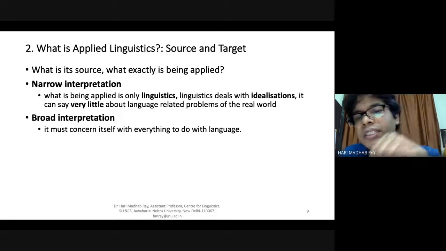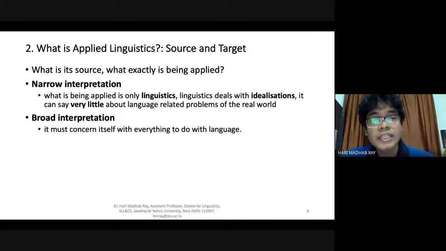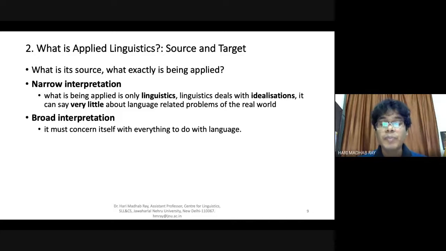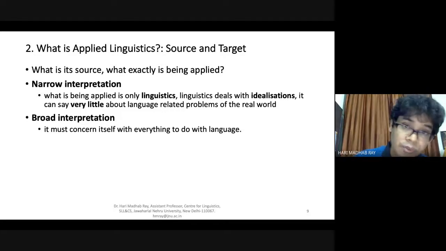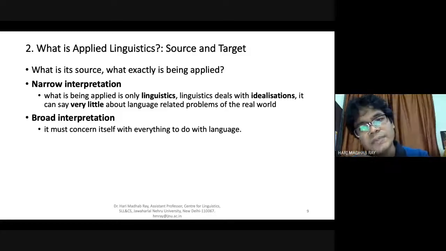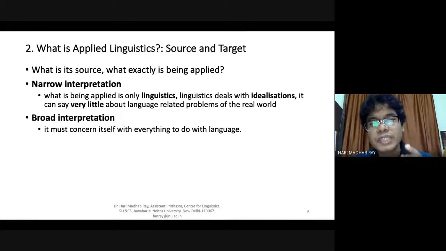So linguistics deals with idealization. It can say very little about language-related problems of the real world. As we had seen, linguistic study mainly focuses on the formal study of language, idealization, the abstract system, and the whole generative tradition has ignored this phenomenon of language use.